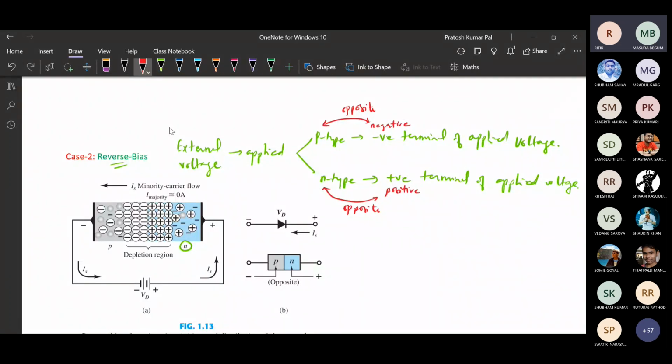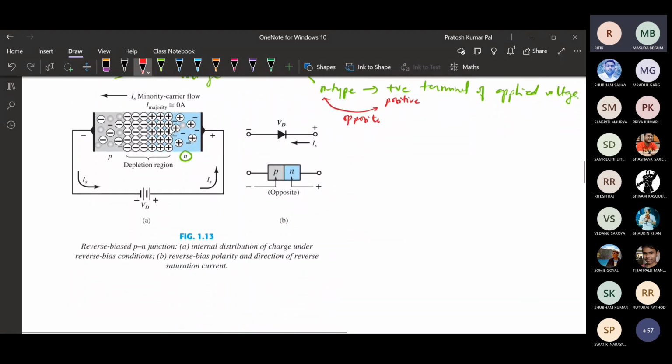If it is of opposite nature, that's why it is called reverse bias. Just to correlate, you can set a sign convention: the p-type is connected to the negative terminal and the n-type is connected to the positive terminal, that's why it is called reverse bias. Okay, so this is the case of reverse bias.